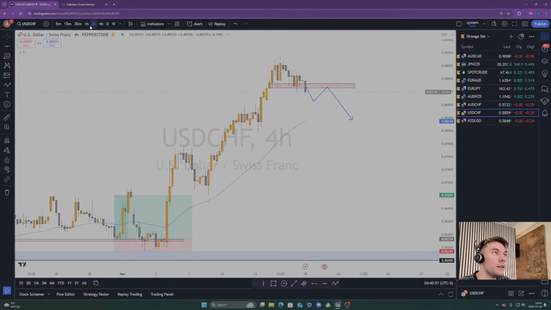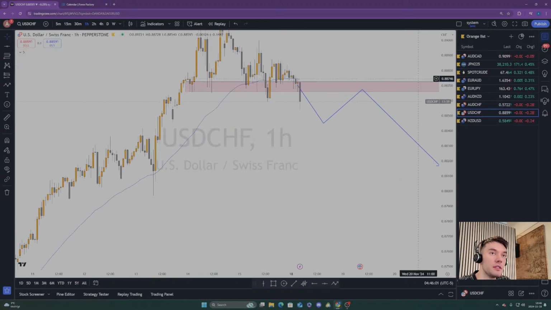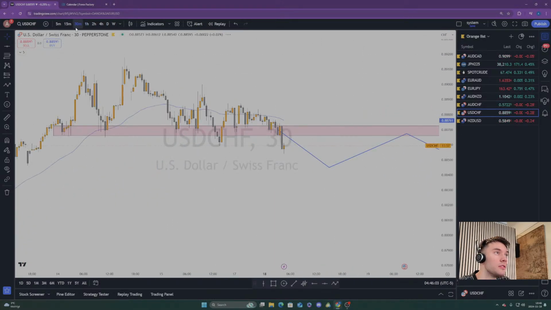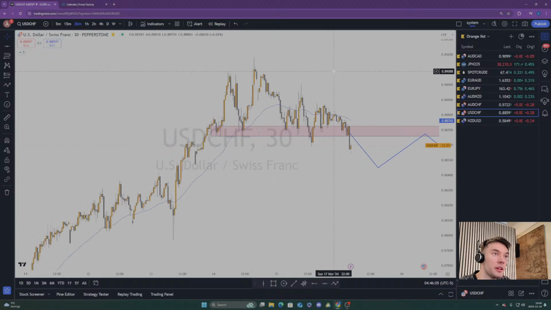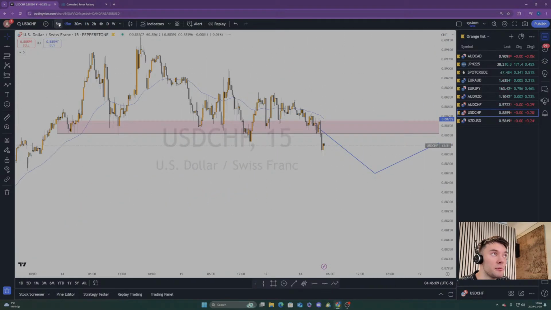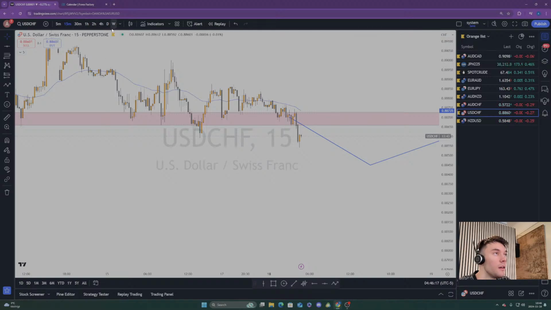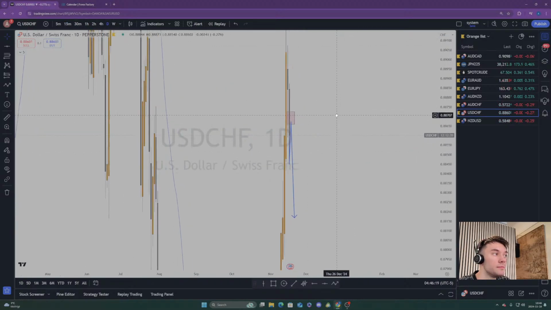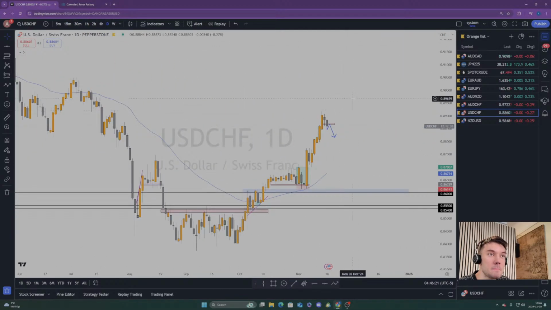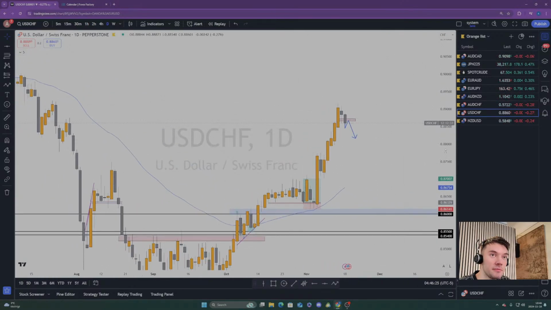USD, okay. What happened here? Okay, this is interesting. We've just broken below some support here. USD CHF. That looks amazing. Daily. Bearish Harami, guys.